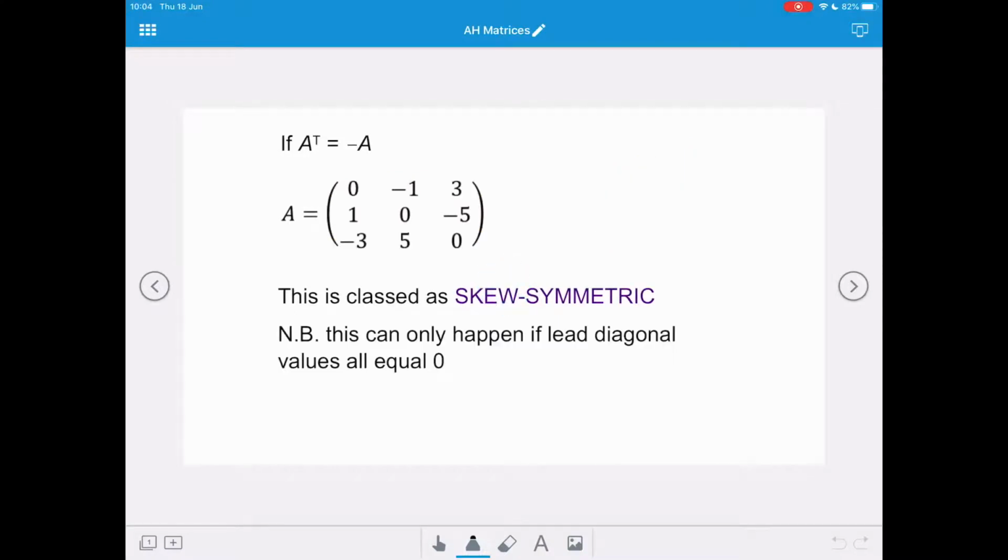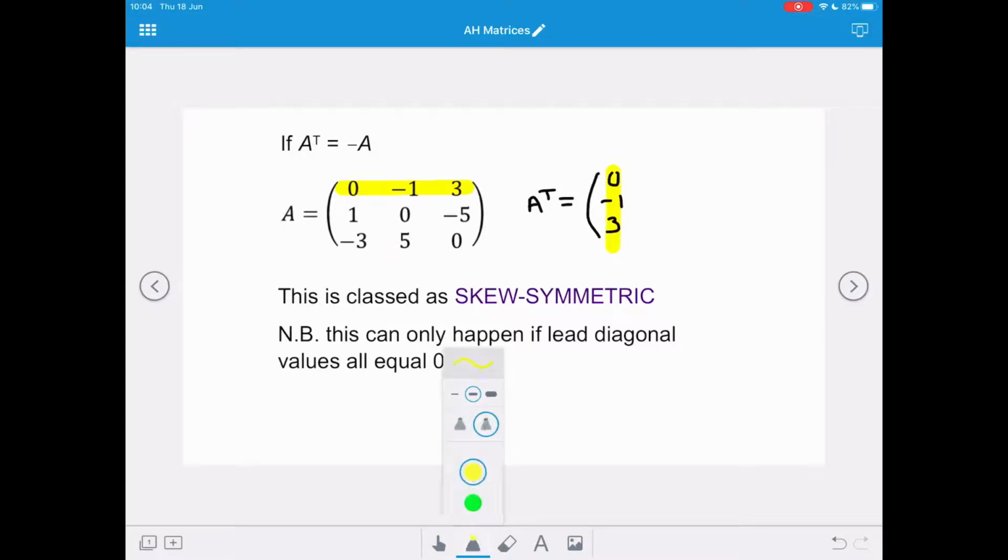The second special case is if the transpose of A equals the negative matrix of A. So this time we've got A equals 0, negative 1, 3, 1, 0, negative 5, negative 3, 5, 0, and we want to find the transpose. So first row becomes first column, so that becomes 0, negative 1, and 3.